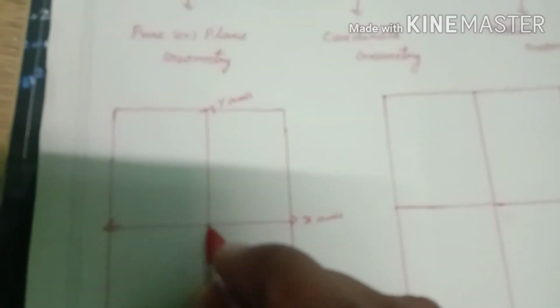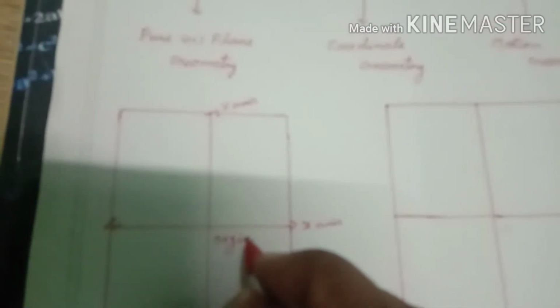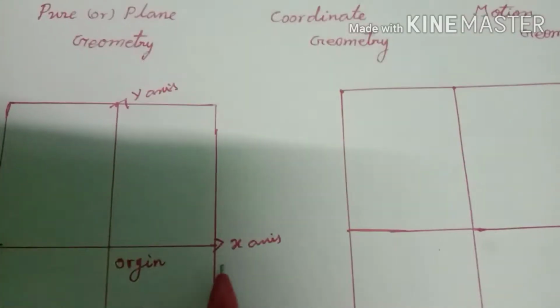The point where the two lines intersect is the origin, right? We know about that.